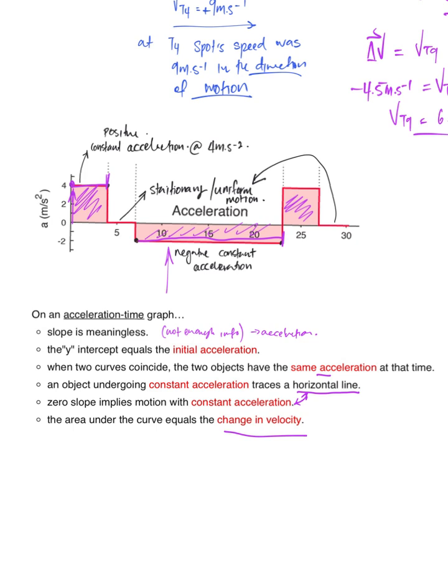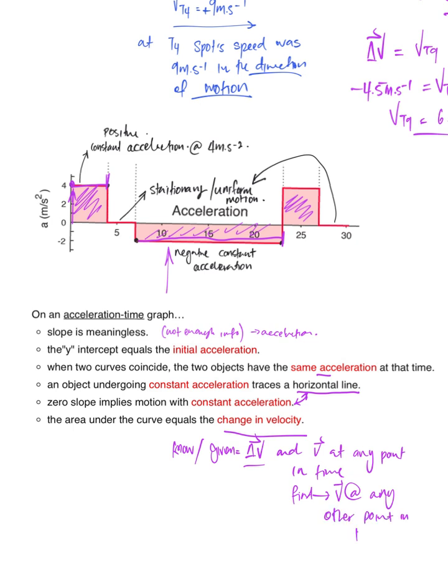And if we know the change in velocity, and we know the velocity at any point in time, then I can find the velocity at any other point in time. So if I know or I'm given the change in velocity, or the velocity at any point in time, I'm able to find the velocity at any other point in time.